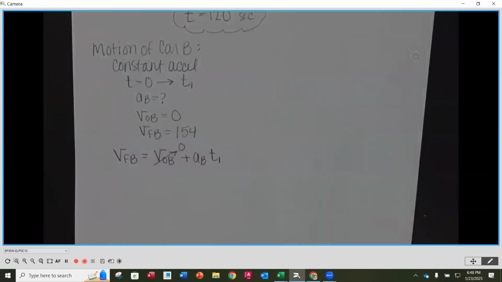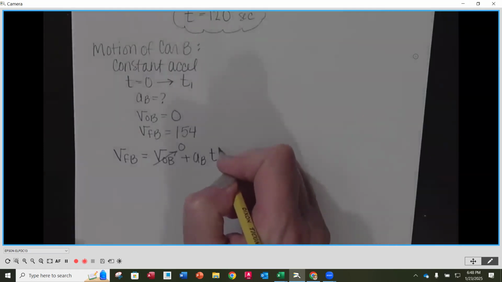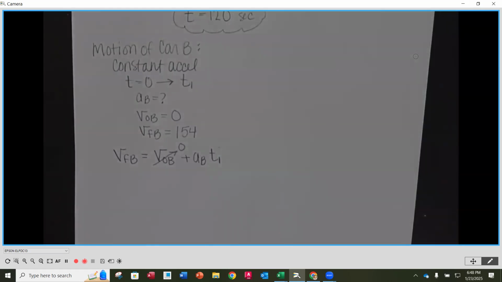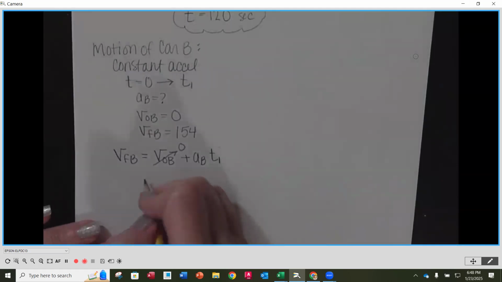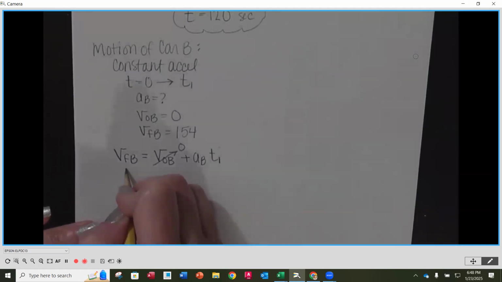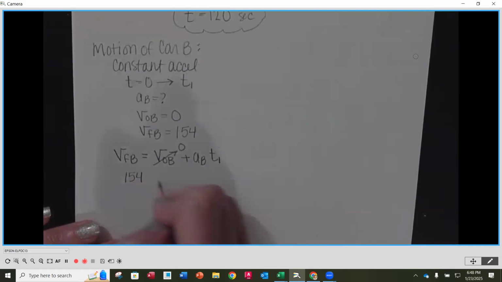Because remember, this is only occurring in that first chunk, that first section. Okay, and then do we square that? No, we're in the velocity. We don't square it. So it's just A times T. So we know that the final velocity of B is 154.